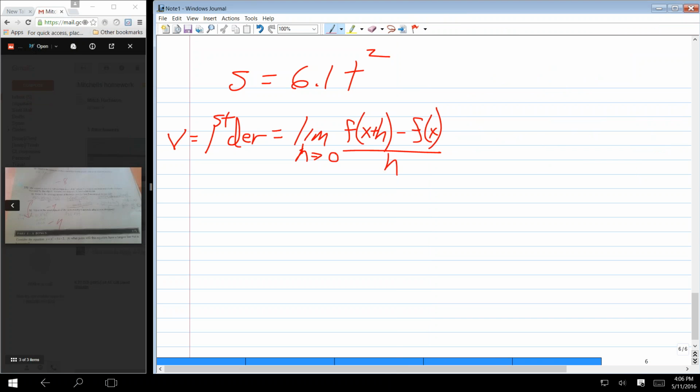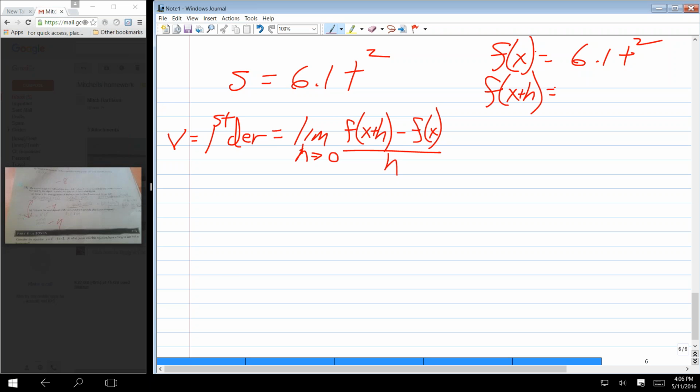So the way you solve these is, first of all, let's list f of x. f of x is 6.1 t squared. It's the same as s. Now what is f of x plus h? Isn't it 6.1 parentheses 5 plus h?